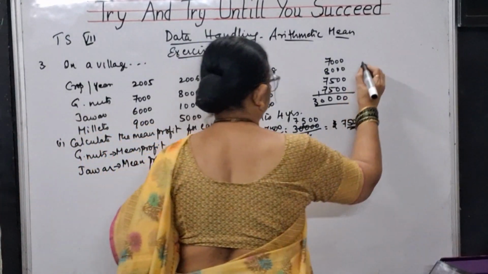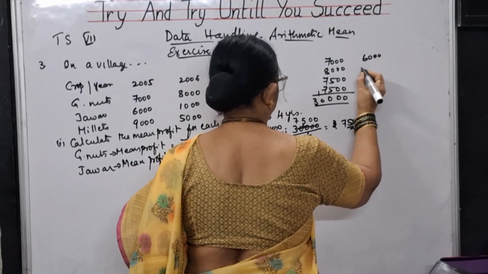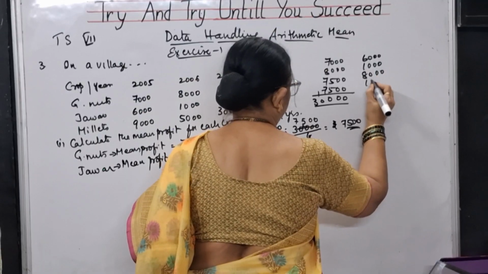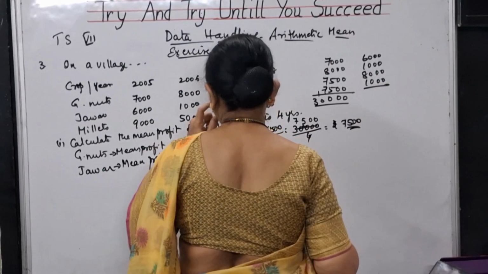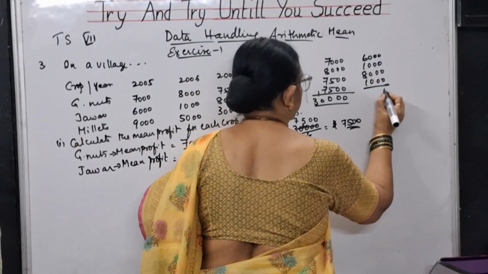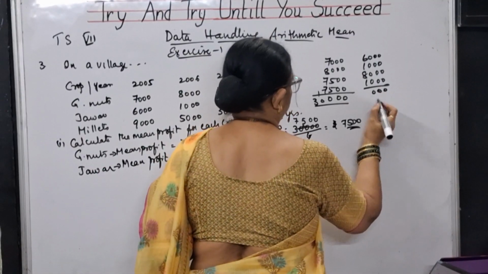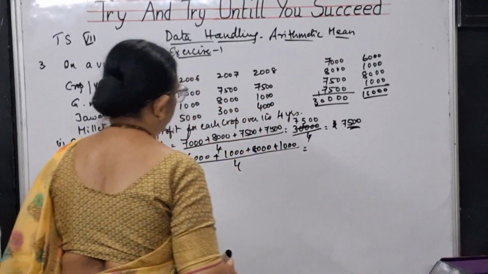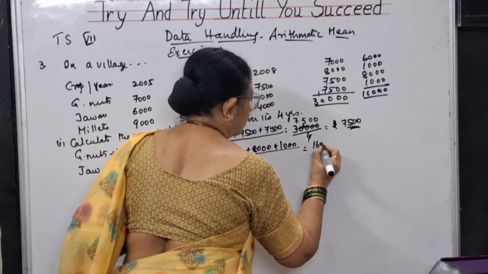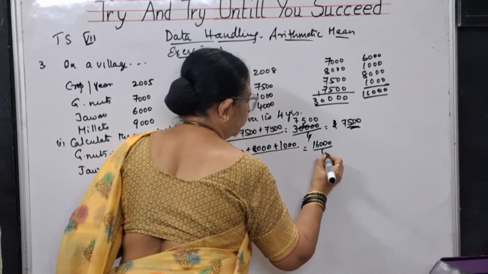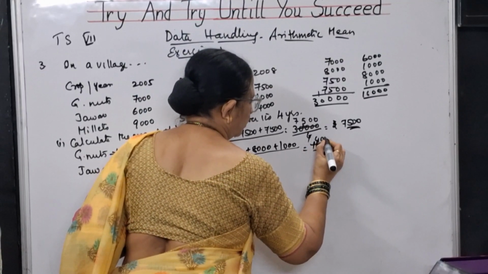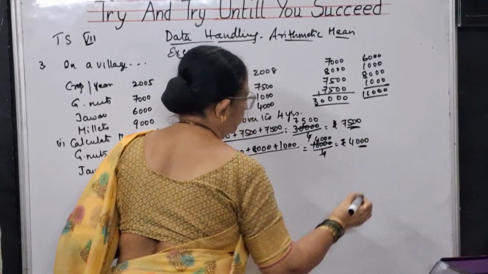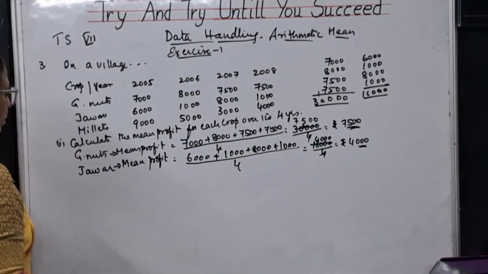So 6,000, 1,000, 8,000, 1,000. The sum is 16,000. 16,000 by 4, 4 fours are 16. That is rupees 4,000 is the mean for jawar.